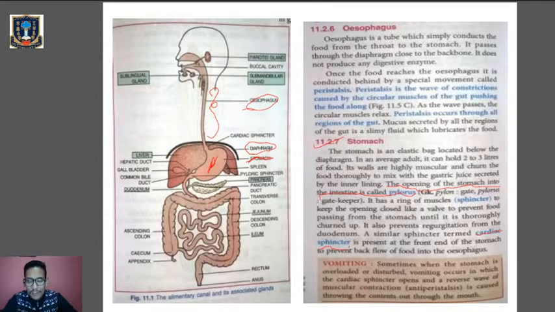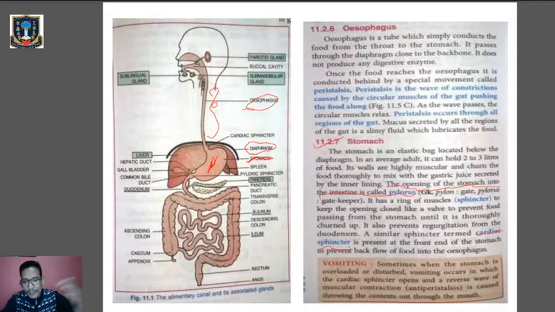The function of this cardiac sphincter is to prevent the backward flow of the food into the oesophagus from the stomach. It is present at the front end of the stomach, whereas the pylorus is at the opening where the stomach opens into the intestine. We have the sphincter muscle over there also.